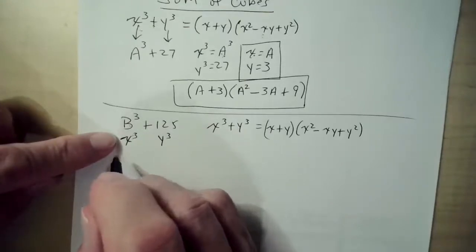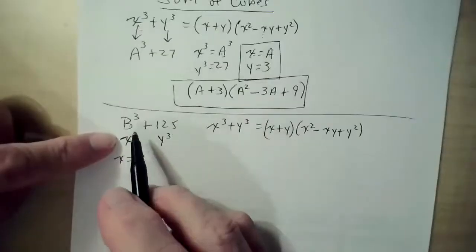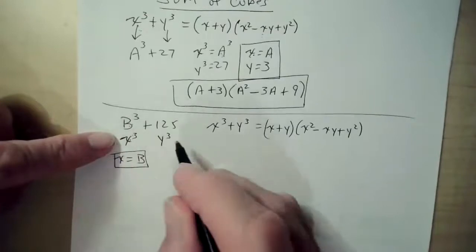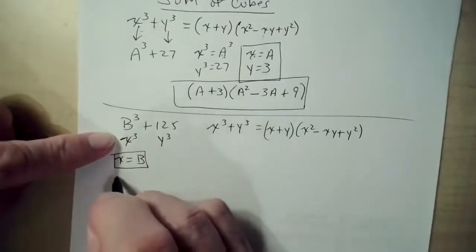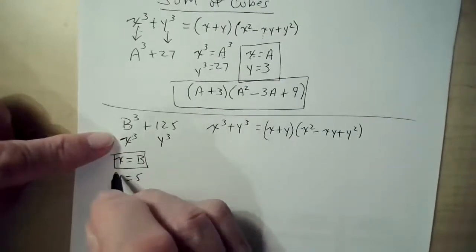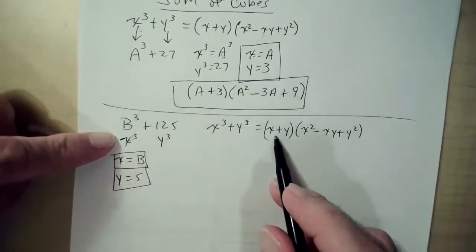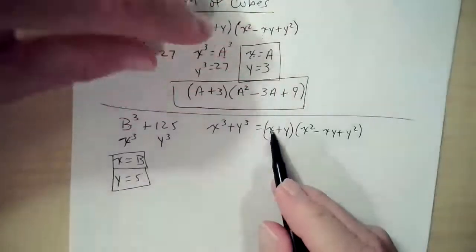Now, if x cubed is b cubed, how much is x? b. Our x is b, because we're taking the cube root of both of these. And what's our y? 5. Excellent.